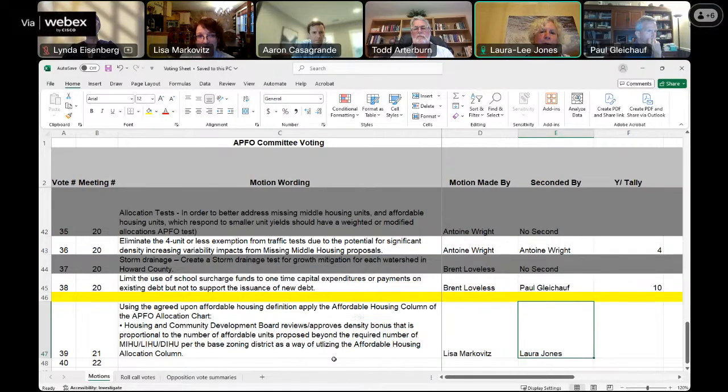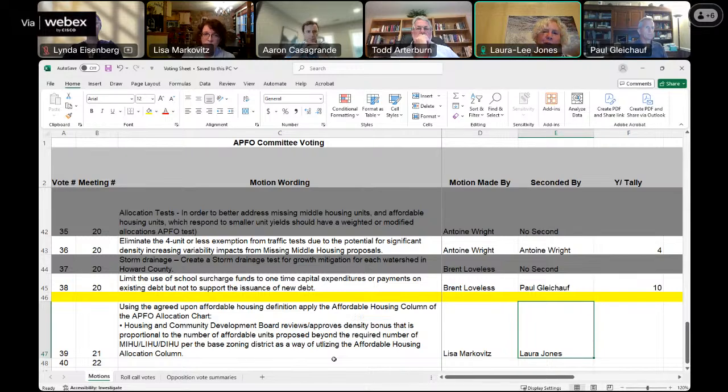So you have a developer who goes in and he's going to do 100 units and he's taken his allocations, and I don't know what the minimum is, 10%, 20%, whatever, that have to be MIHUs. But he says, hey, you know what? I could make these units a little bit smaller and I could add 10 more units, but the only allocation he could pull from is the MIHUs.